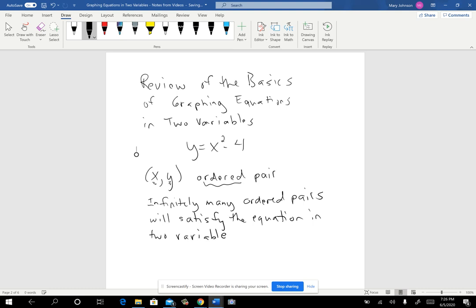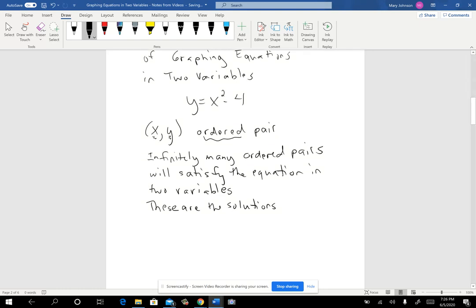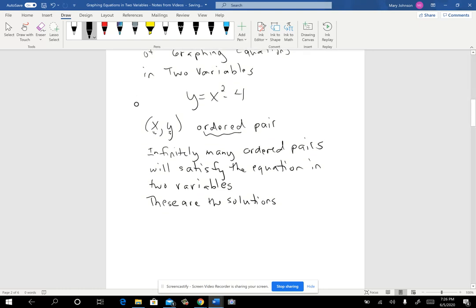Okay, so infinitely many ordered pairs are going to satisfy that equation in two variables. And these are what we would call the solutions. All right, now the thing is that you can't just list them. There's too many, there's infinitely many.